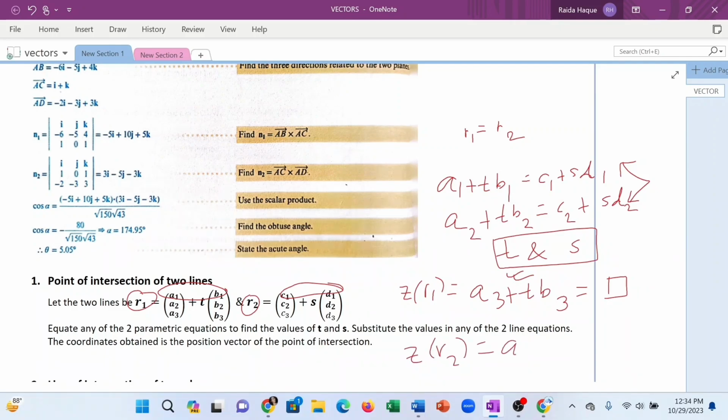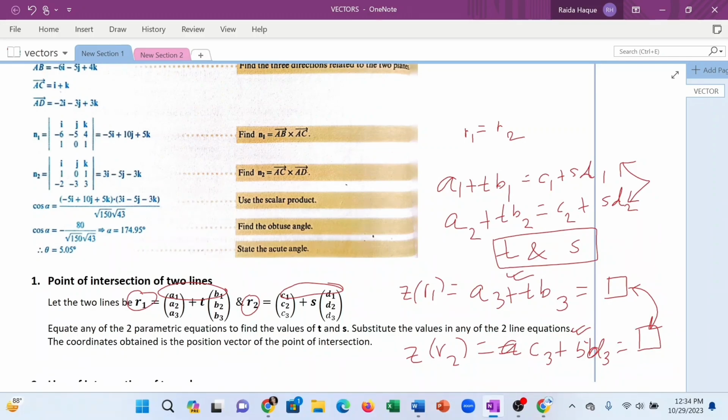You have C3 plus S D3, right? And then substituting the value of S, which was the only variable, you get another value. Now if you see that these two values are equal, they intersect. If you see that these two values are not equal, they do not intersect.